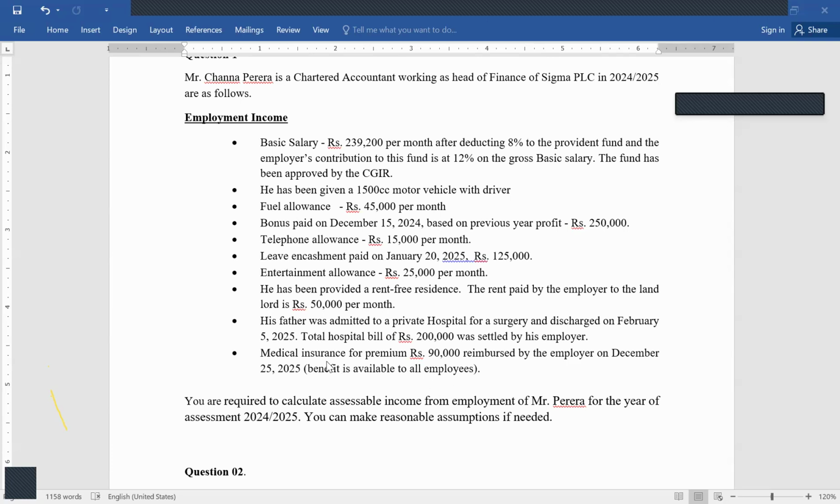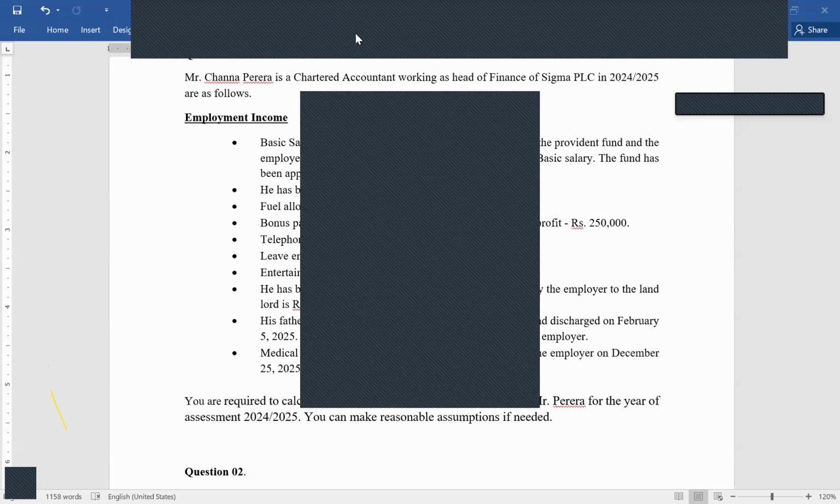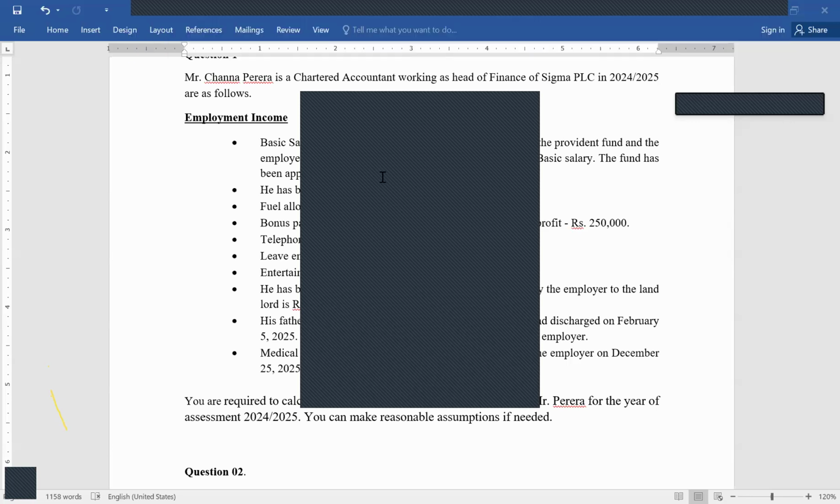So is it liable? Not liable. Uniform payment also falls to the next year of assessment.